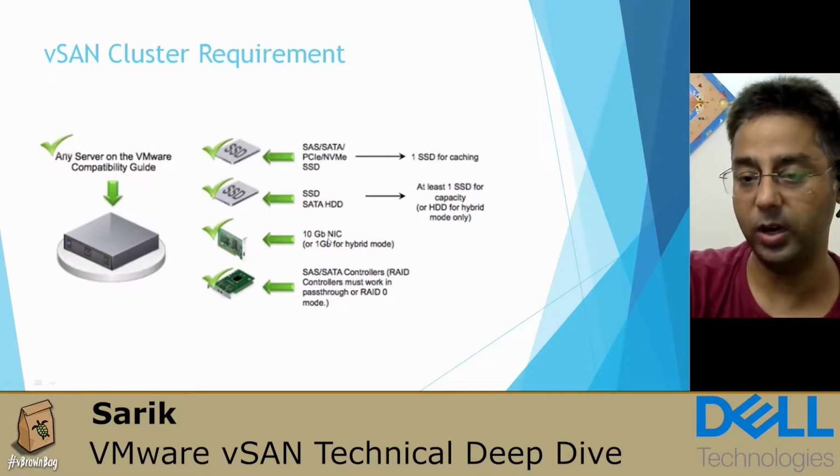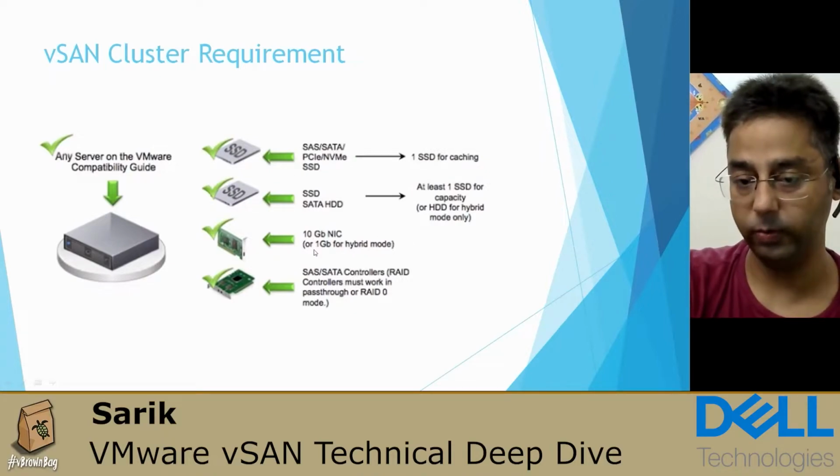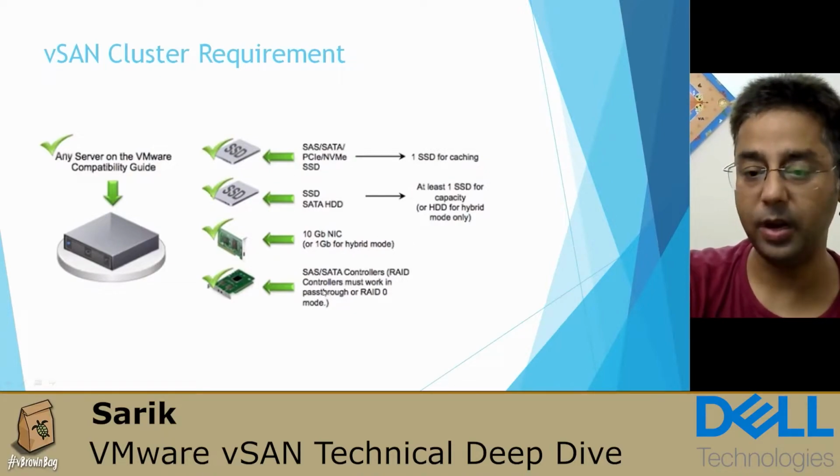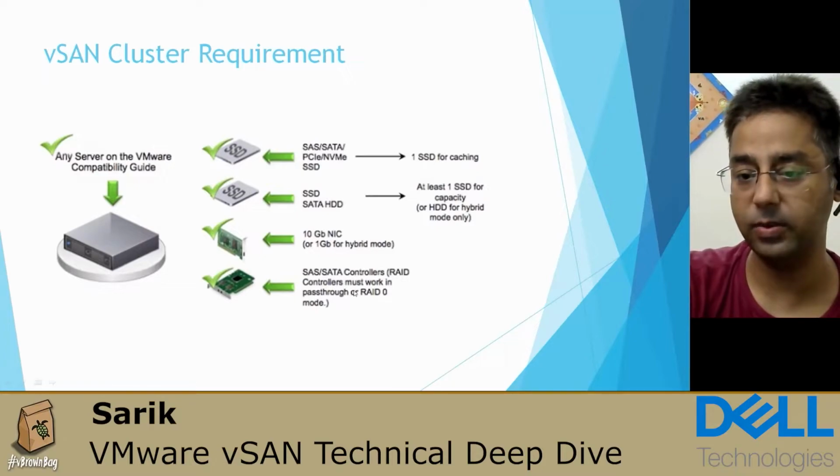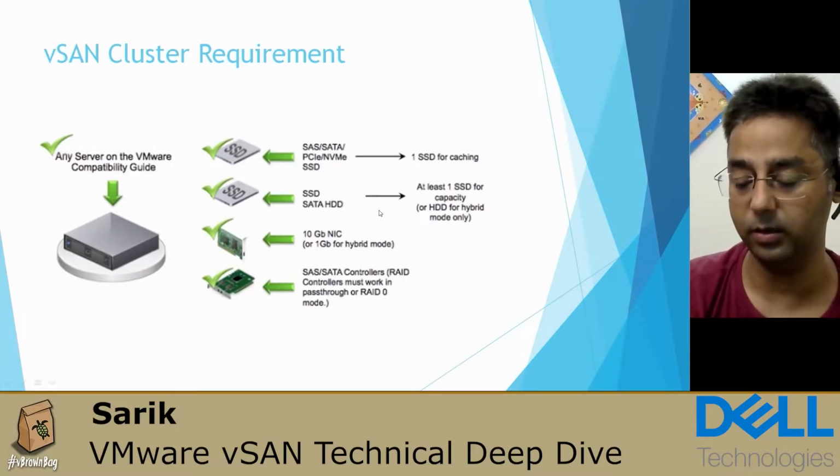Otherwise, VMware already recommends 10 gig NICs. For the vSAN cluster, we can use a controller for the disks. We can use SAS or SATA controllers, and they should be in pass-through mode or RAID 0 mode. Only then can we use those disks in the vSAN configuration.